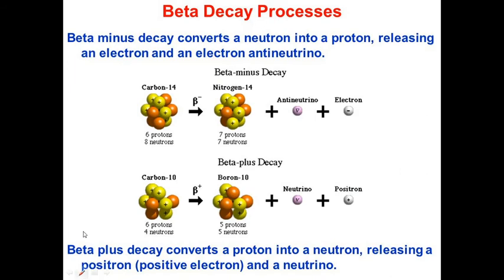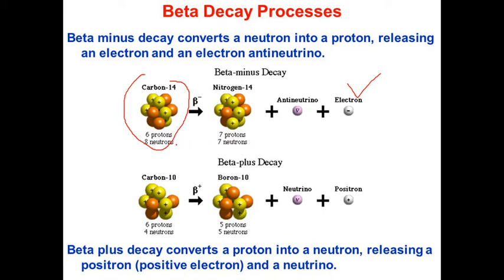This is an image of beta minus emission, where this parent emits beta particle. You can see this beta particle and gets converted into nitrogen 14. Beta means here proton gets increased. You can see that 6 is becoming 7. Obviously, since proton is increasing, neutron is decreasing.